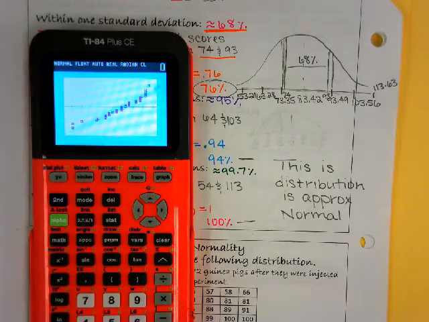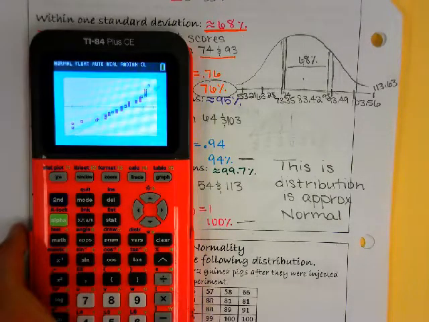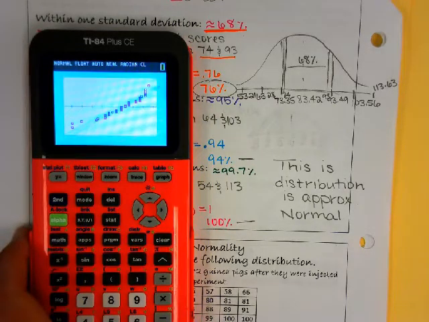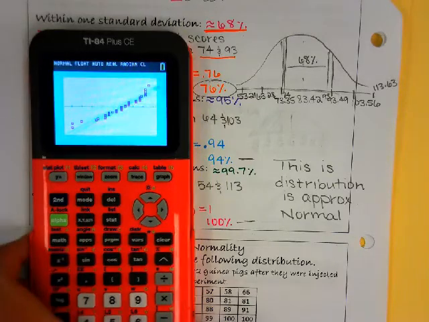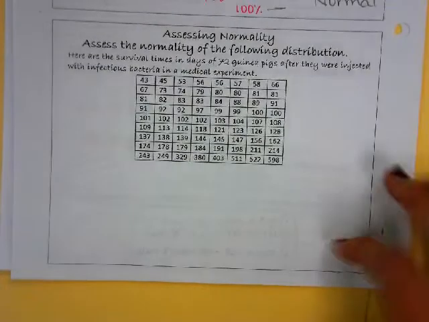Okay? So you guys are going to put that data in. You can choose to test your 68, 95, 99.7 rule like we did by counting. Or you can use your normal probability plot to see if this distribution is normal.